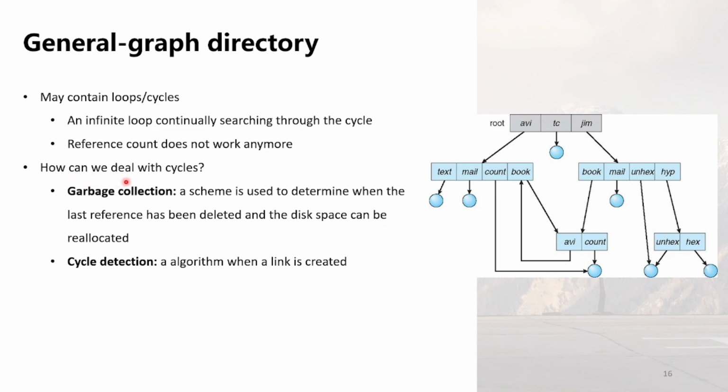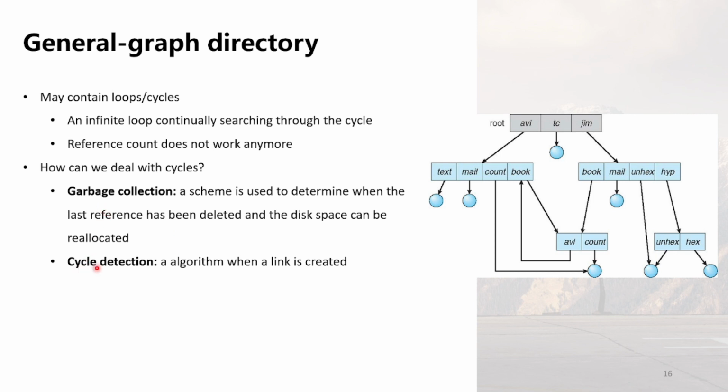So, how do we handle these cycles? We use two main strategies. First, garbage collection. This is a process that periodically runs to check whether any files have no valid reference pointing to them. When it finds such files, and only then, it deletes them and frees up the disk space.